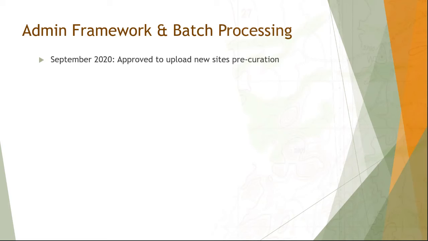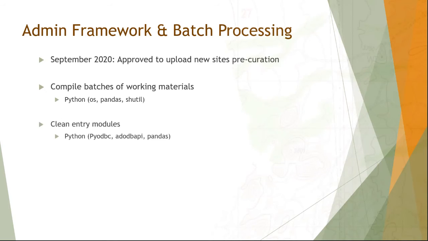So that was really a big change to our admin framework that really allowed us to ramp up our approach to the backlog. And then we began applying a lot of batch processing techniques. So we use Python to compile batches of working materials. We use Python to clean those entry modules, those Microsoft Access databases. Those had evolved over time, but there wasn't a versioning system.